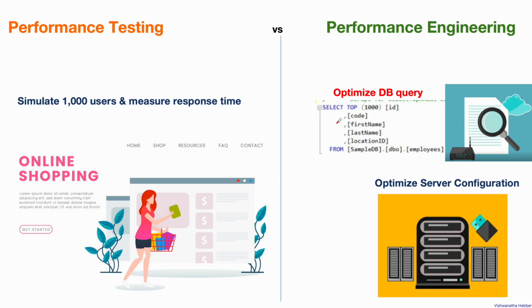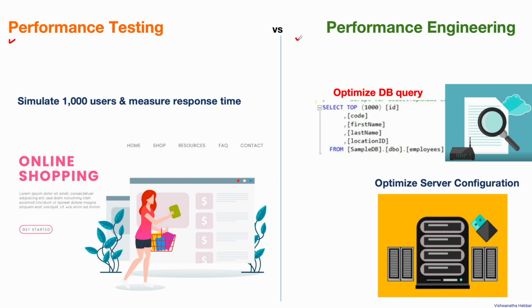As a performance engineer, you will identify the root cause of the problem and report it to the corresponding team for fixing those issues. In performance testing, you will evaluate the system speed, scalability and stability under different conditions.